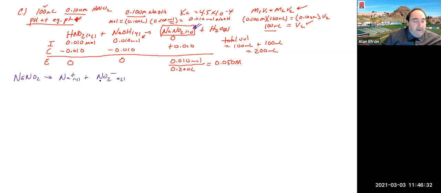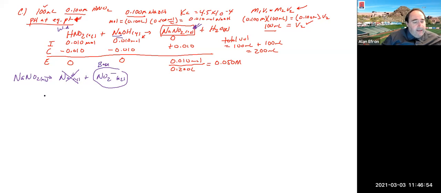And from our talk about salts over the chapters here, the sodium is a neutral ion because obviously it came from sodium hydroxide. But this guy here, which obviously came from this weak acid, is going to go through hydrolysis. And this is what we would expect to happen at this point.